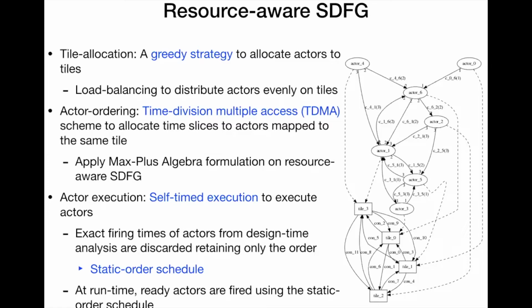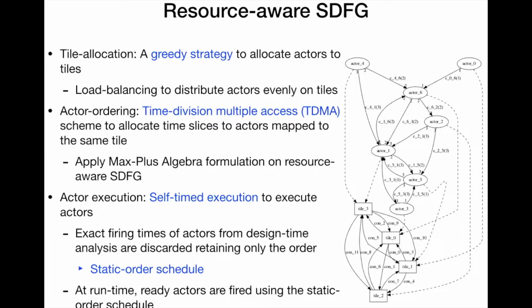But all these analyses are performed at design time. However, to use such analysis at runtime, we use self-timed execution, and in self-timed execution, the exact firing times of the different actors are discarded, retaining only the order in which the actors must be fired. This is called the static order schedule.